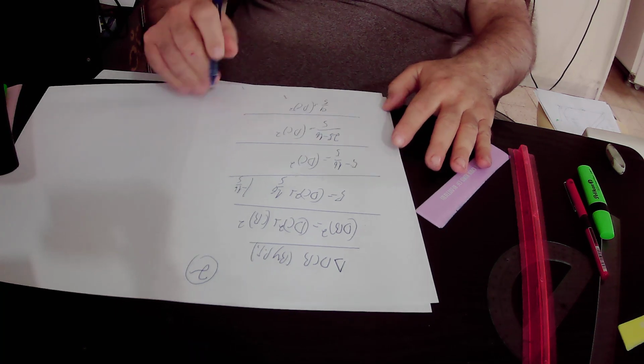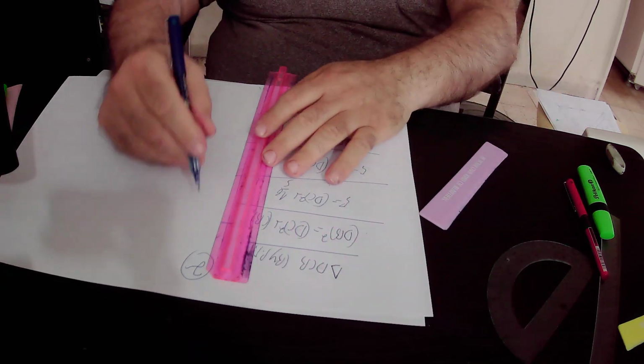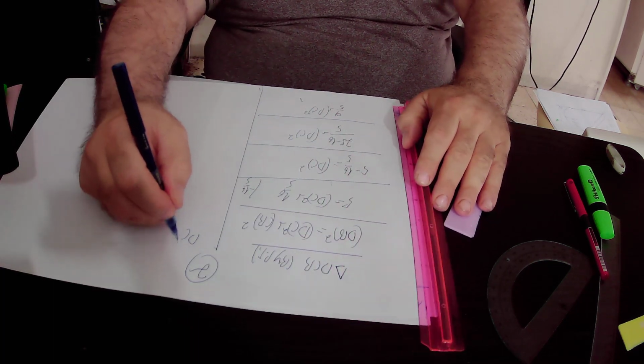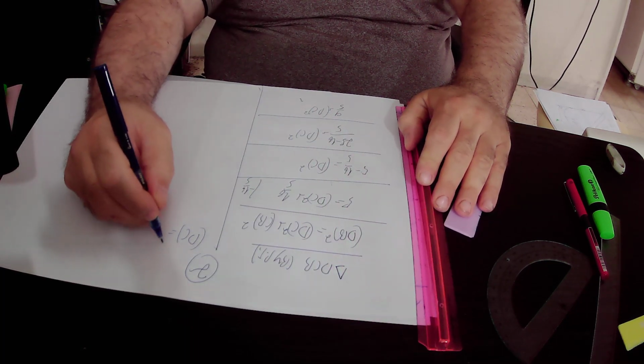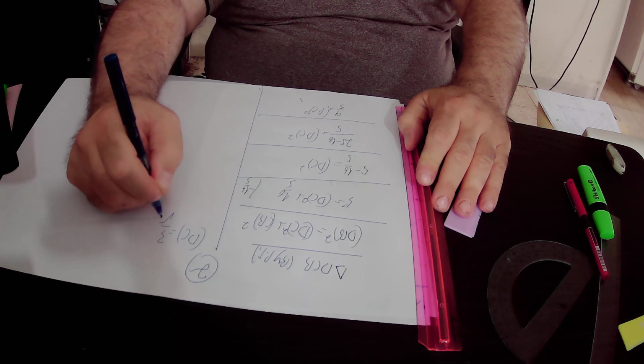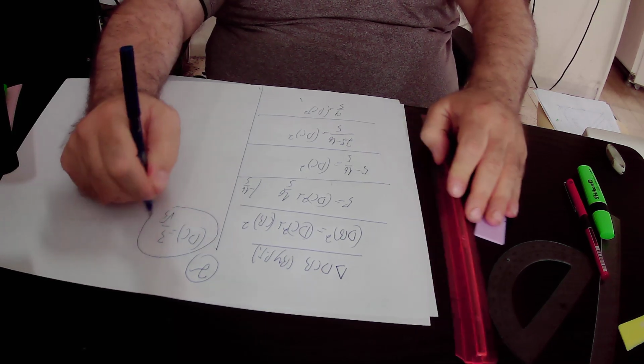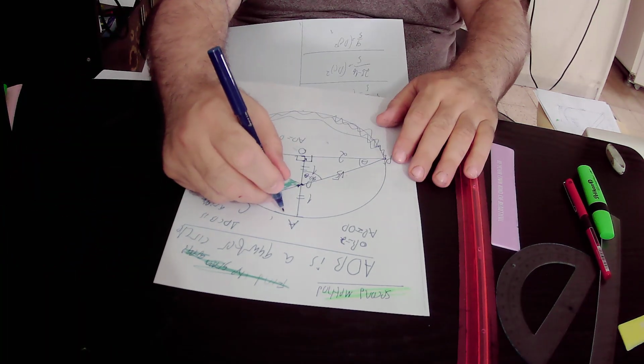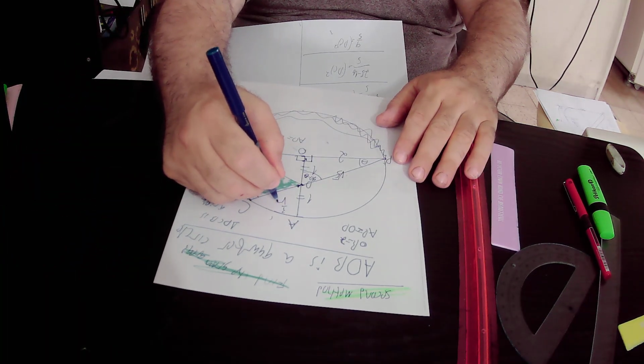Here we take the square root of this equation, and we get that dC, the missing line segment dC, equals the square root of 9, that is 3, over square root of 5. So in conclusion, we found out that dC equals 3 over square root of 5 units.